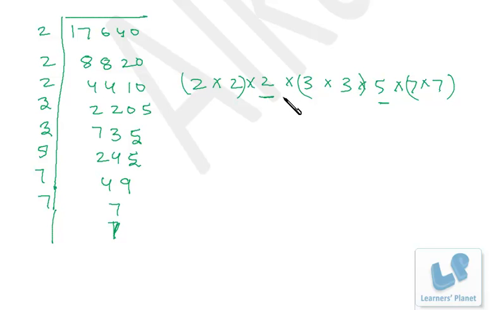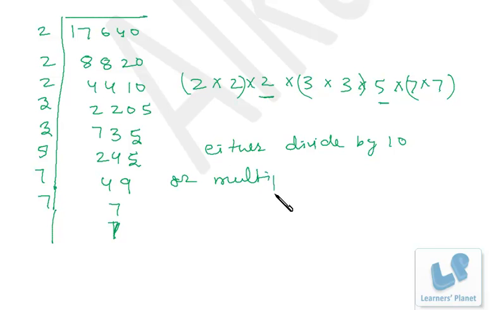Okay, so either you divide by 10, so 2 and 5 will be eliminated, or multiply by 10. Okay, so we'll be getting one more 2 and one more 5, then we'll be getting one more set of 2 and one more set of 5. So this number will be converted to a perfect square number. Okay, I hope you are clear.